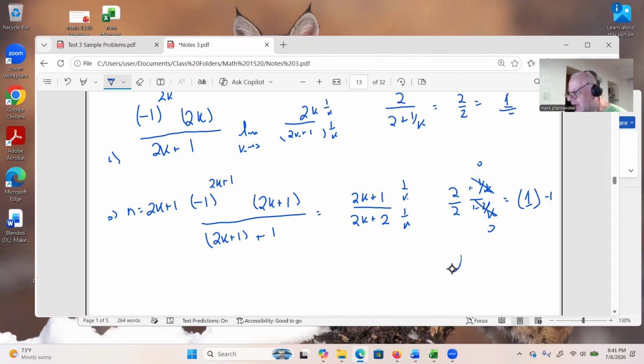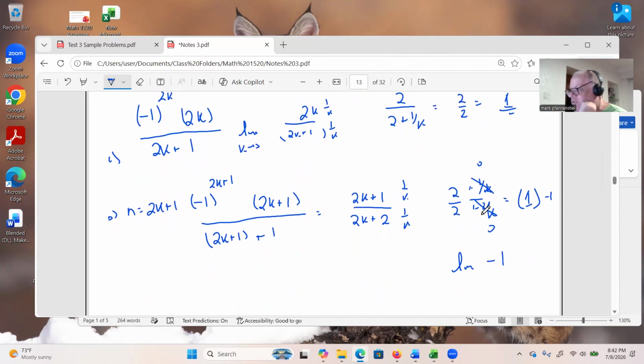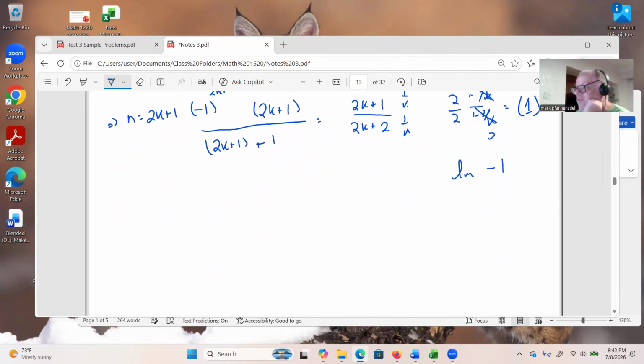So this limit goes to negative 1. So we have a situation where if n is even, then our limit is going to be 1. But if n is odd, then our limit is going to be negative 1. So we've got a sequence that's bouncing up and down between 1 and negative 1.